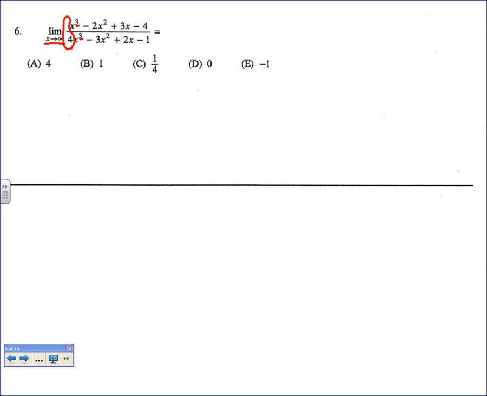In this case, it seems to me that you're moving towards 1/4. All the rest of it, the adding and subtracting of lesser terms, gets less and less significant the larger that x gets. So C is your answer on number 6.